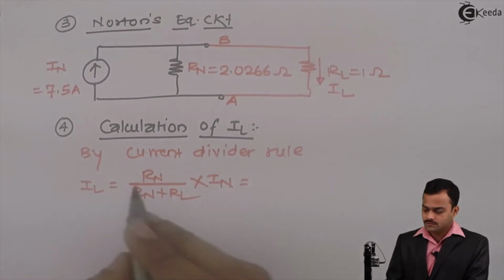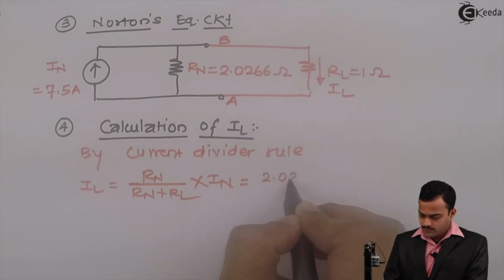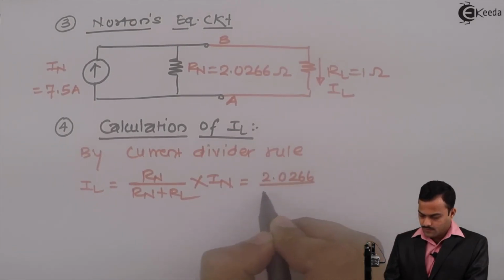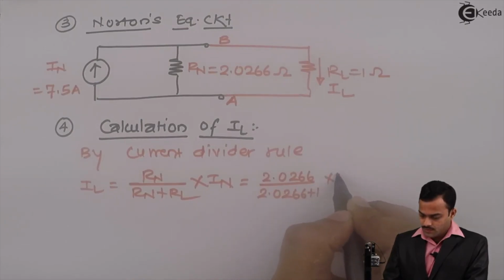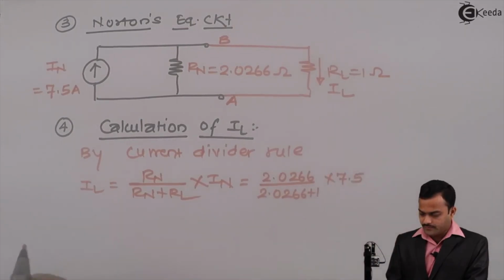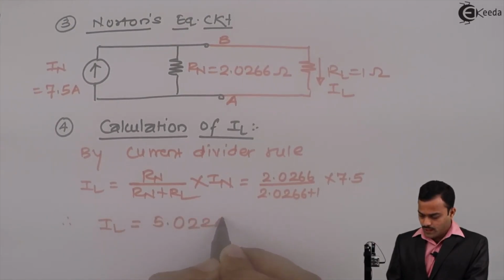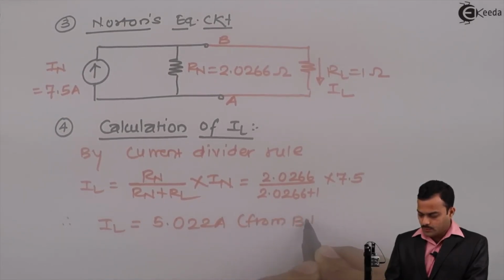So if I substitute, 2.0266 upon 2.0266 plus 1 multiplied by 7.5. So IL I will get as 5.022 ampere. Direction will be from B to A.